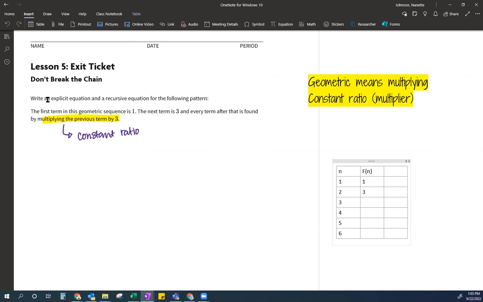If you remember before, our constant difference was the main star of the show. Same with the constant ratio in geometric land. It's just a constant multiplier. As you can see, we multiplied by 3, and by 3, and by 3.